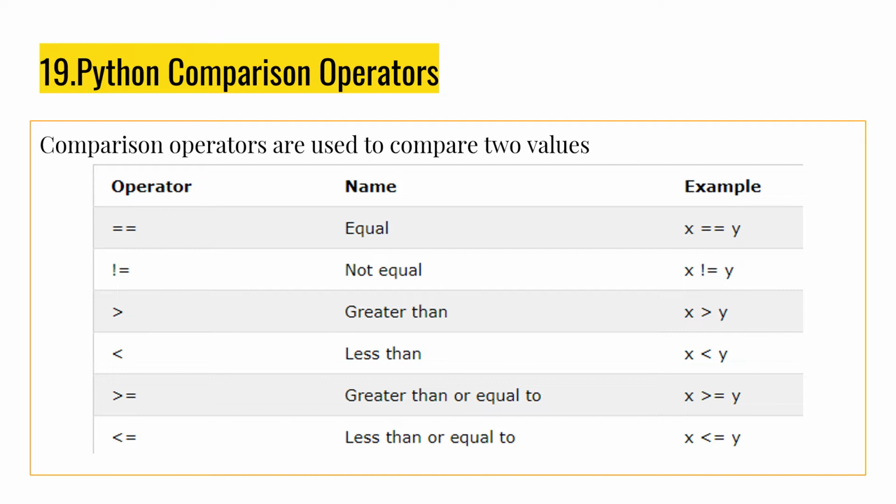Whenever we are about to compare two values, these are the ways you can compare them. You can check whether both values are equal by using two equal signs, followed by not equal, x is greater than y, x is less than y, x is greater than or equal to, and x is less than or equal to.